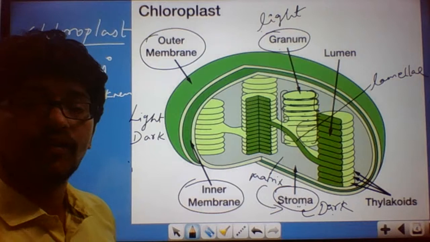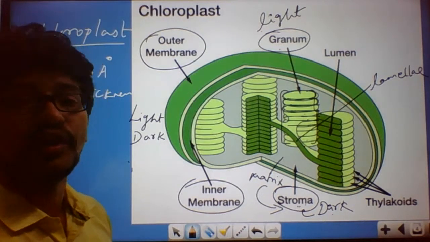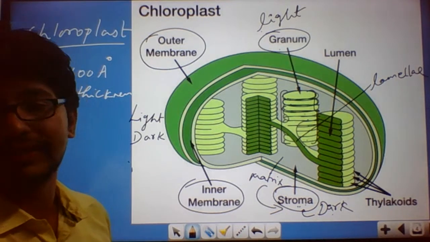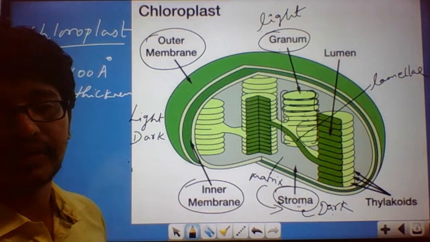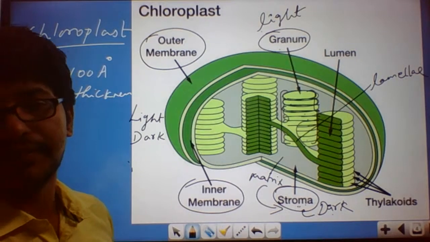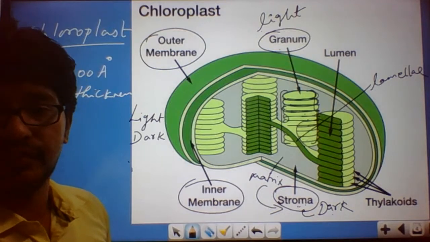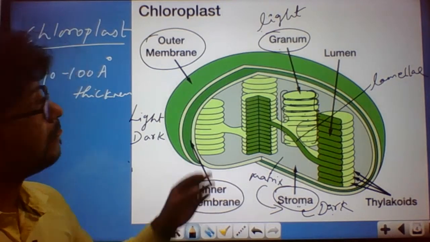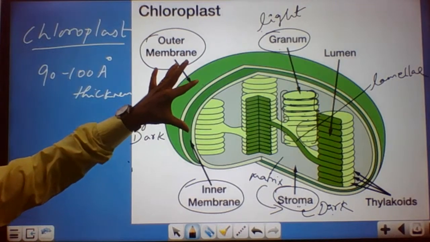Sugar cane ஒரு மாதிரி, cotton ஒரு மாதிரி. So the thylakoid number keeps varying from one plant to the other, and you cannot give a definite number. Fine. So this is about the chloroplast structure.